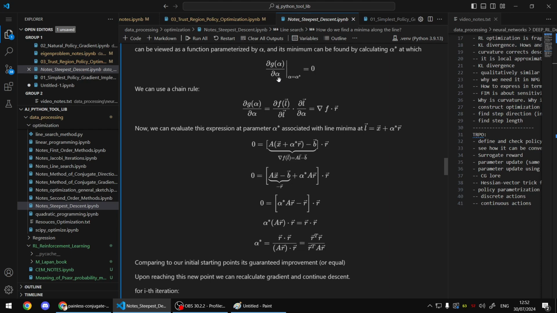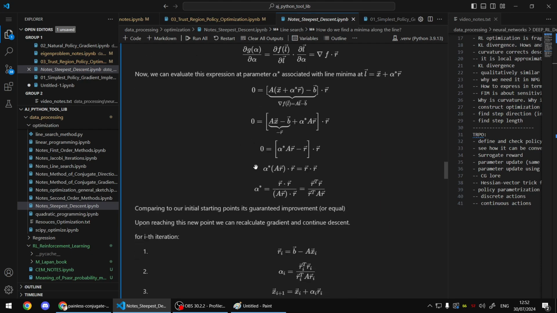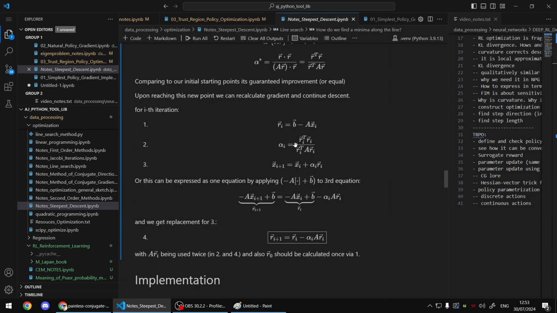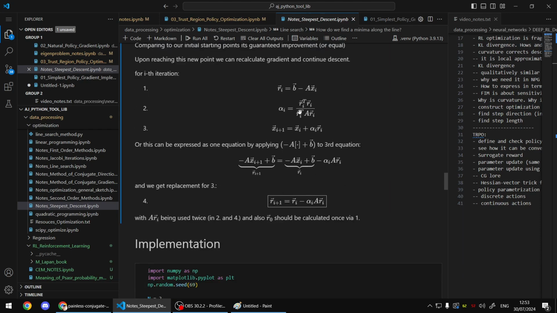We take the derivative to find the minima, and then we actually can express this step length using our displacements. Here R is the gradient, or against the gradient properly. Like I said, there are a few redefinitions. So we can actually define gradient descent. We know the direction and we know how far we should go, which probably closely mirrors what we did previously, but again, it is optimization.